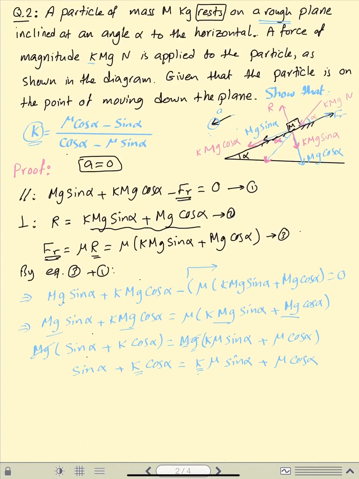So by subtracting it here, moving this here, moving this to the other side. Let me use this language because we used to say it, to make this faster and easier for you. So this implies that k cosine alpha minus k mu sine alpha is equal to mu cosine alpha minus sine alpha.